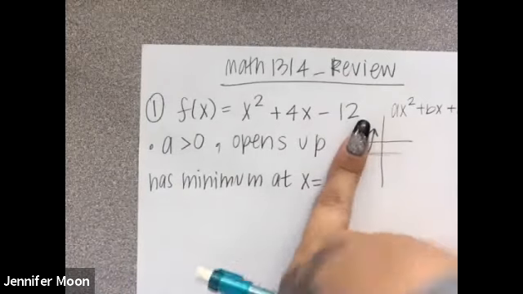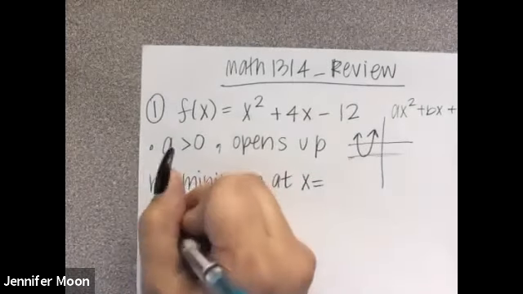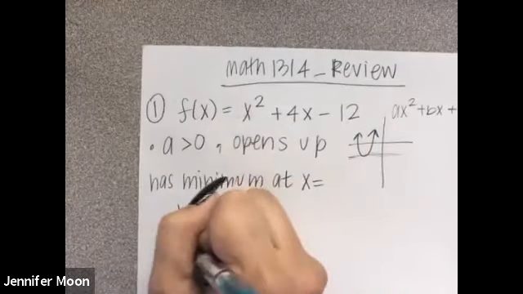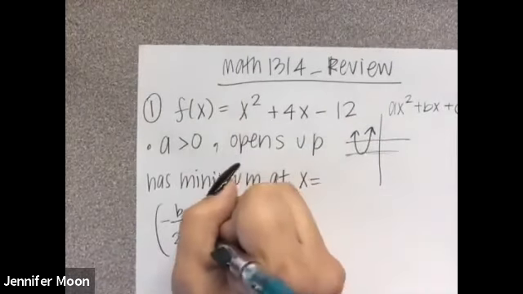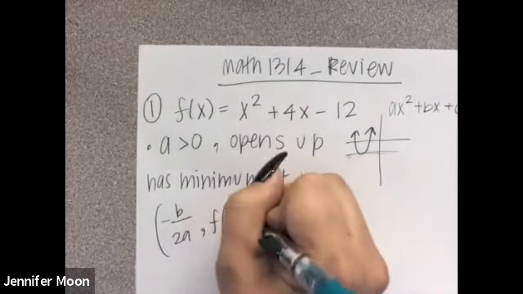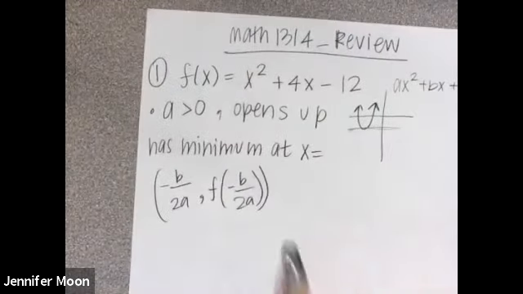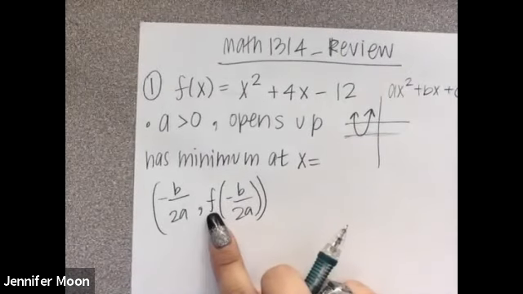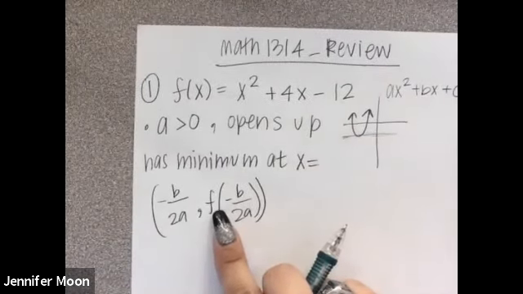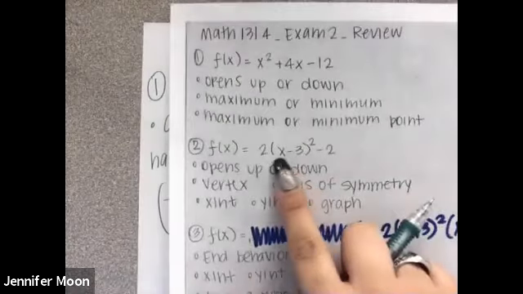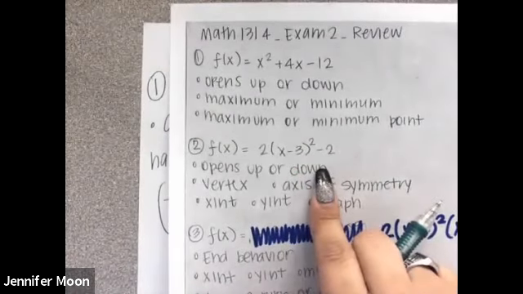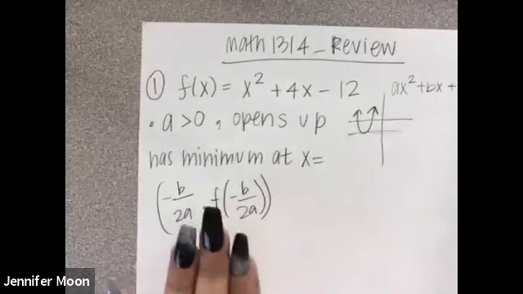This is in that annoying form that you need to use this right here. I have this on the exam. I don't explicitly state which form this goes with. You just need to know if it doesn't look like this and you're trying to find a vertex, you need to use this.